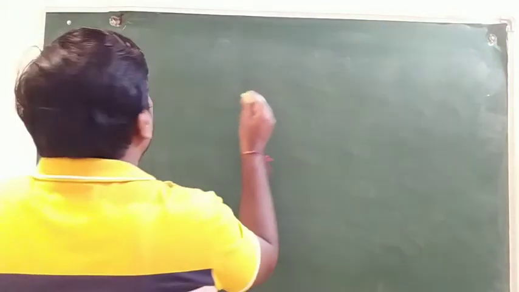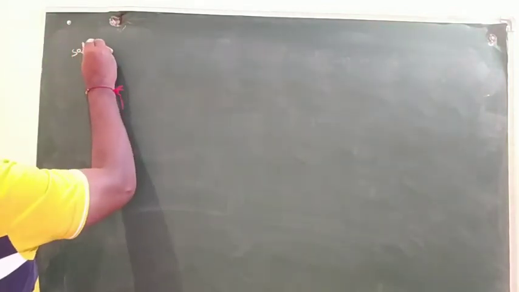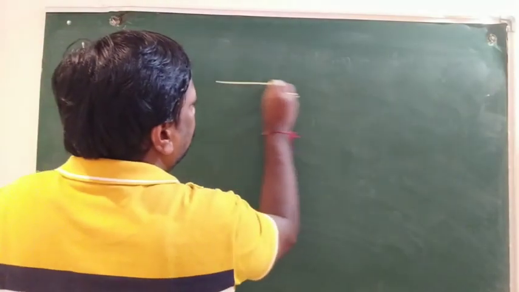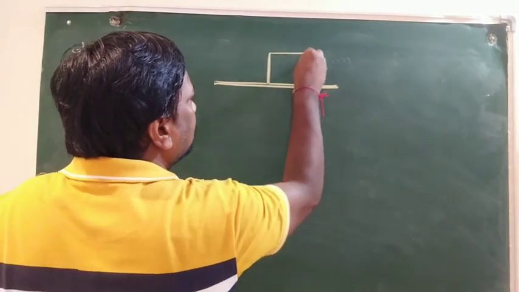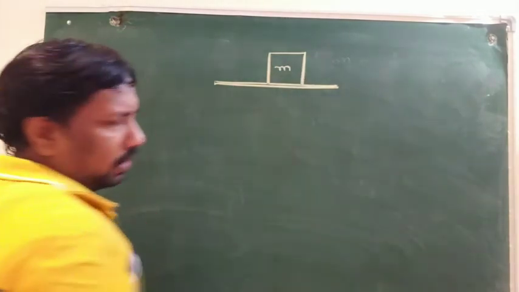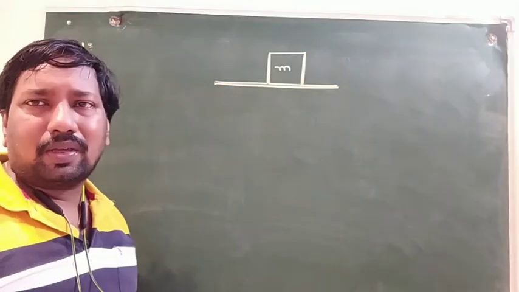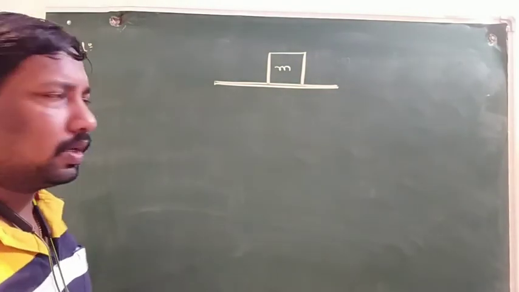Once again I'll draw the diagram also. This is the horizontal surface. Some mass of the block is lying on the horizontal surface.